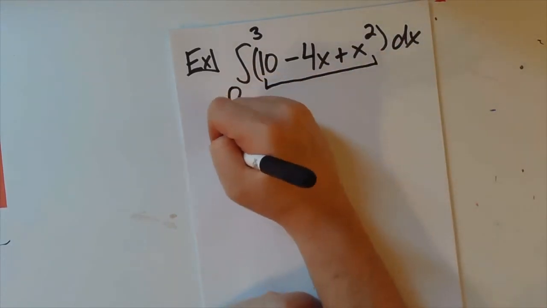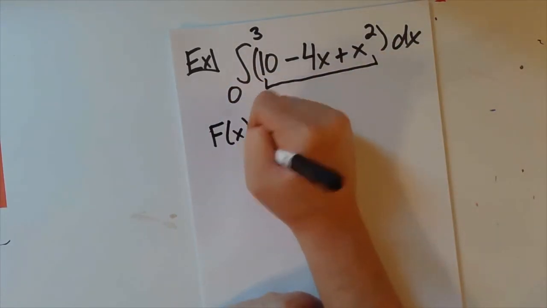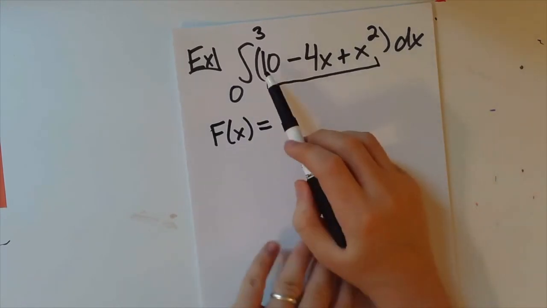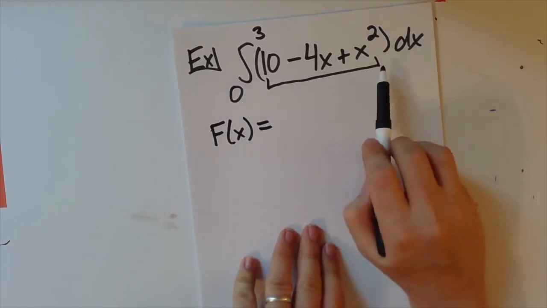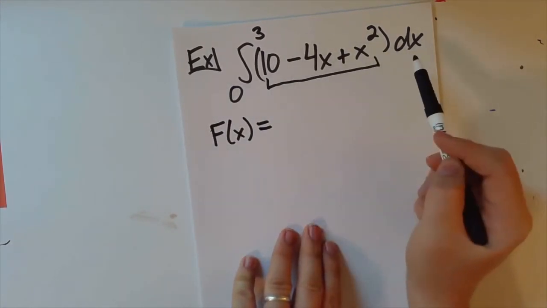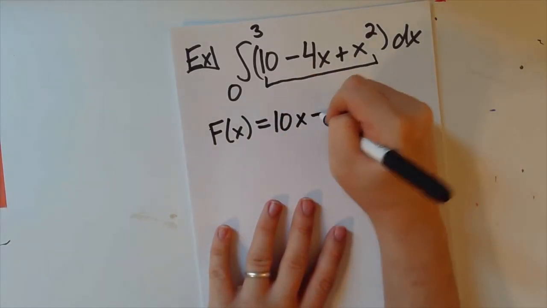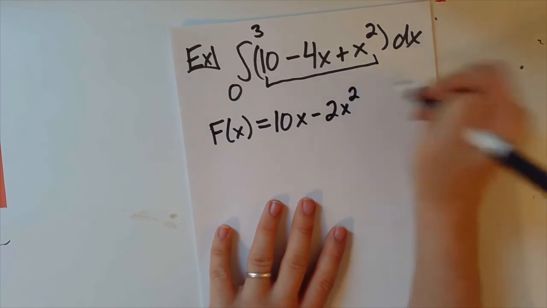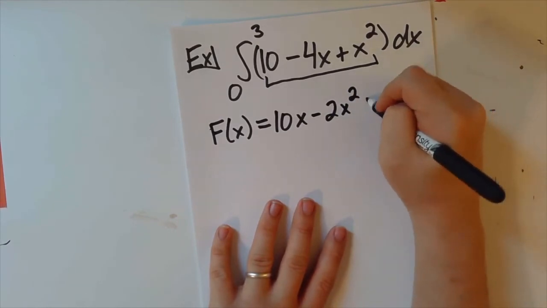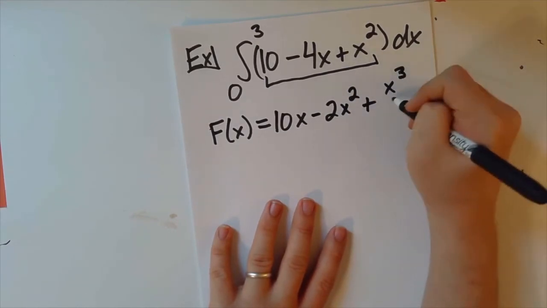And so I need to calculate my big F of x, that is the antiderivative of 10 minus 4x plus x squared. So this is just 3 power rule problems in a row. So that's 10x minus 2x squared plus x cubed over 3.